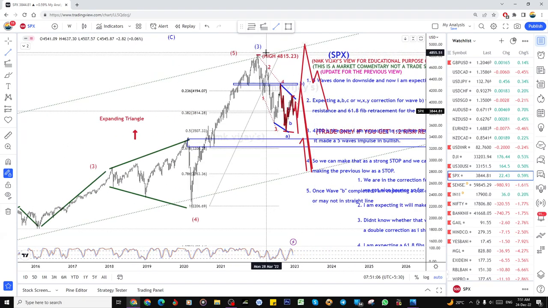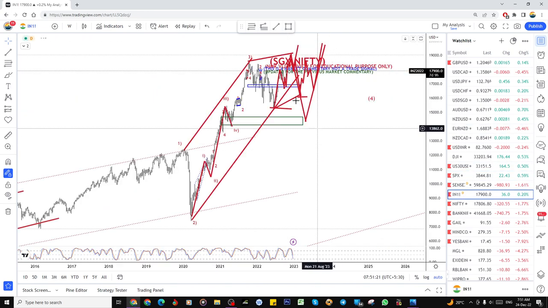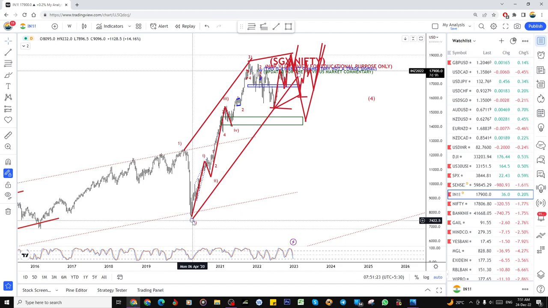From the top, it has already retraced the previous. Look at this. This is 2020 right here. How much retraced? Nearly 50%, right? And in the Nifty, look at this. From this 2020 here, it has retraced only 38.2 or 23.6.